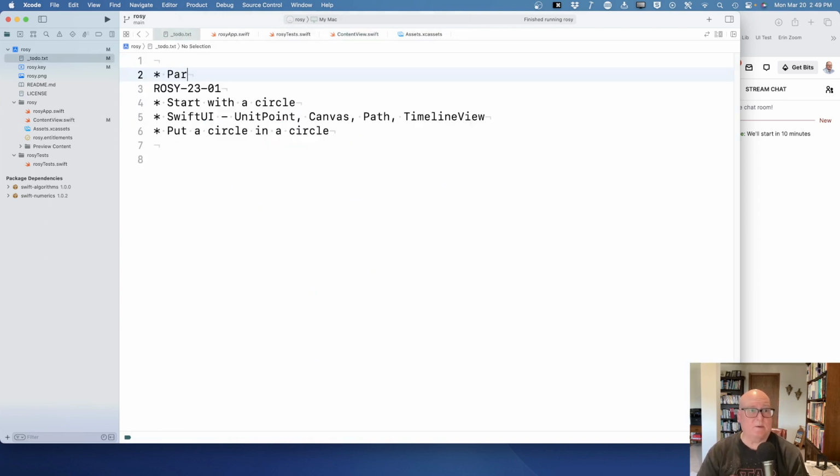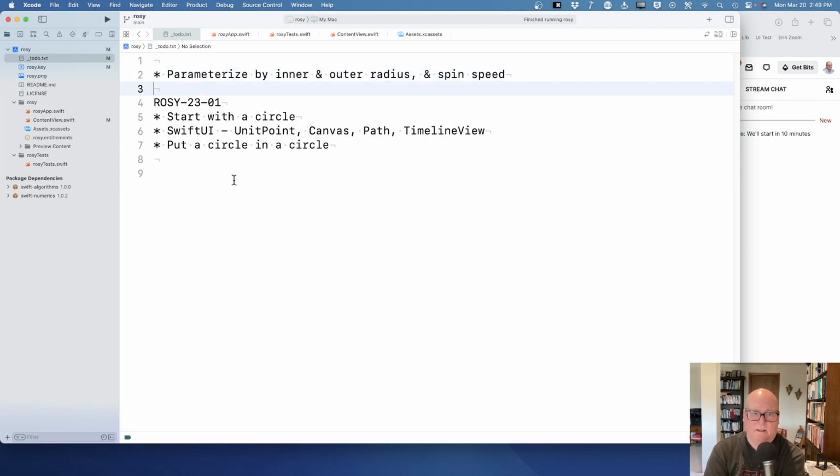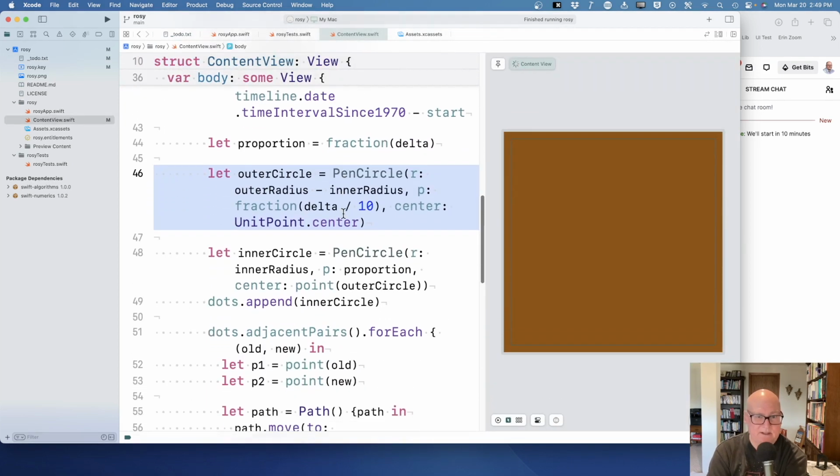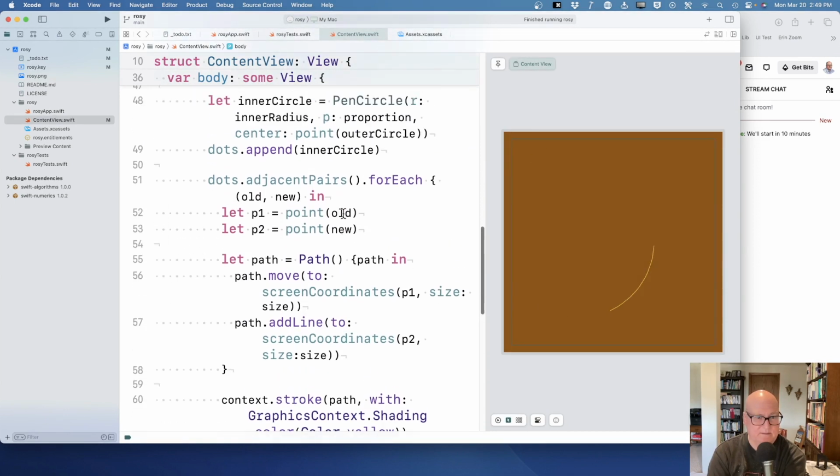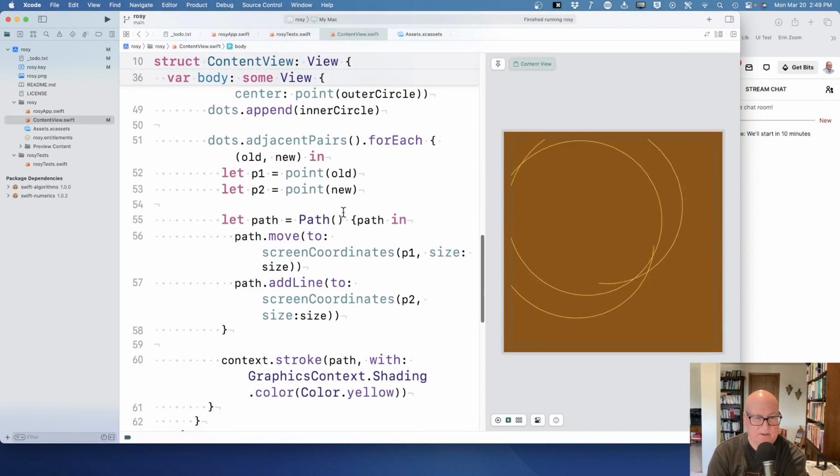Okay, so parameterize by inner and outer radius and spin ratio, spin speed. I think I would really like to do, I mean, I don't think this is unbearable. It's a little awkward.